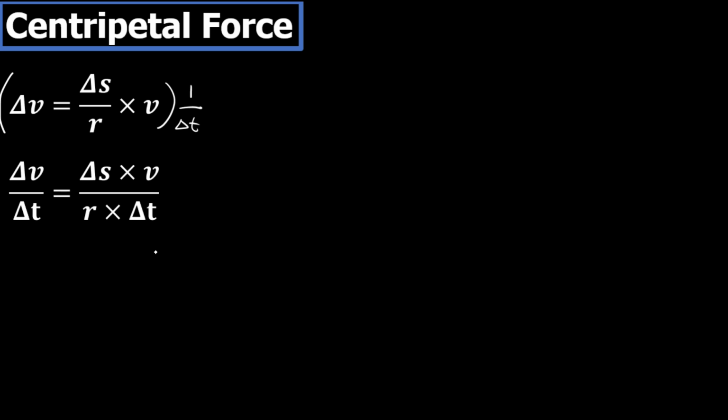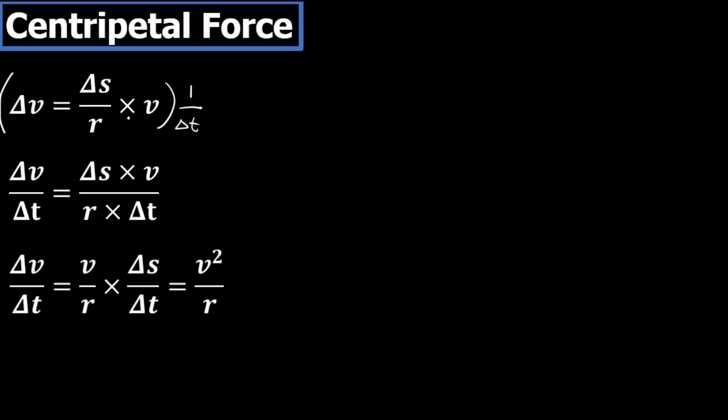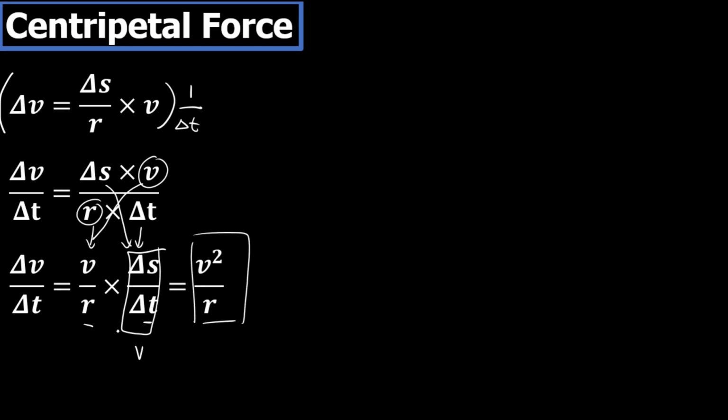Then we can rearrange the right-hand side to take this form: we have v and r here, and then we have s and t, the displacement and time. By definition, this is just v. So we have v times v over r, which is v squared over r. And it is this quantity that we define to be centripetal acceleration.